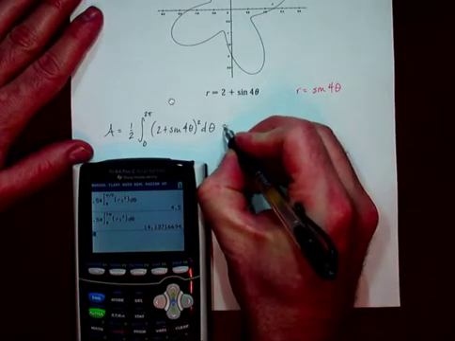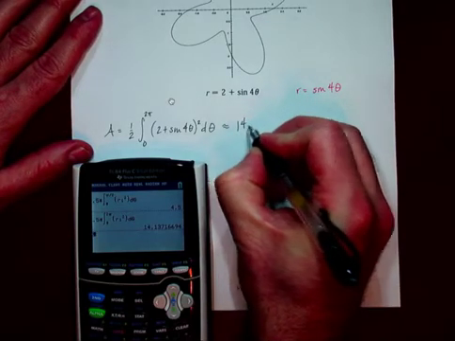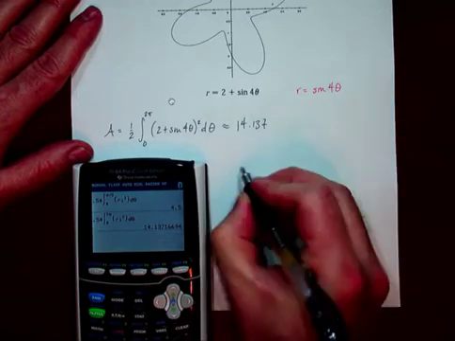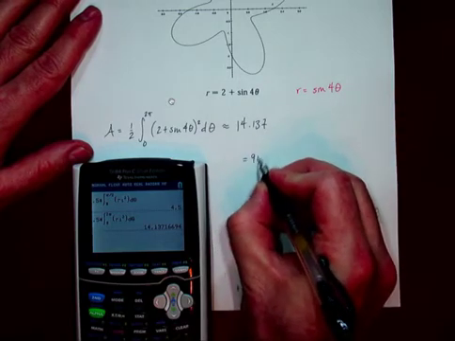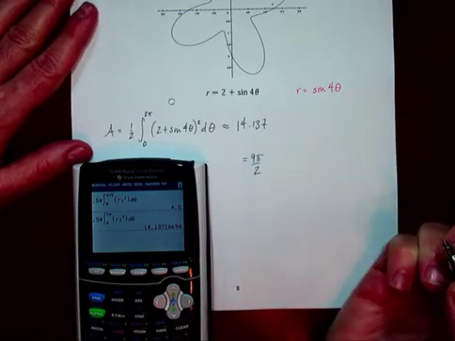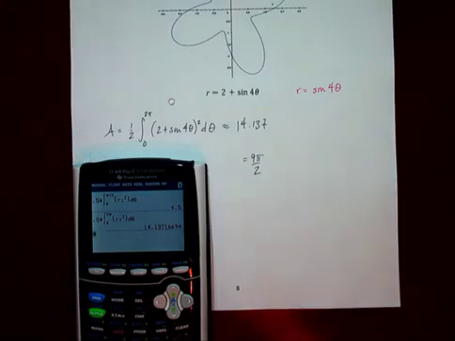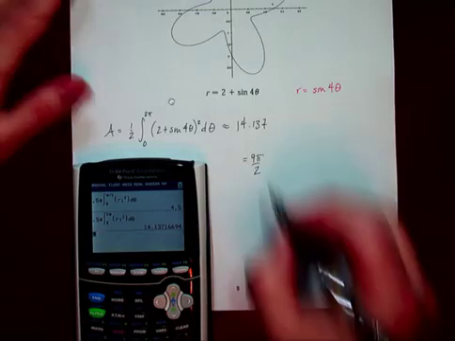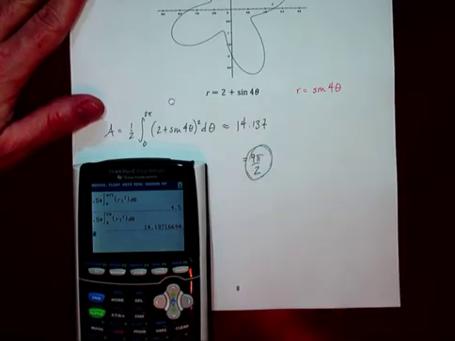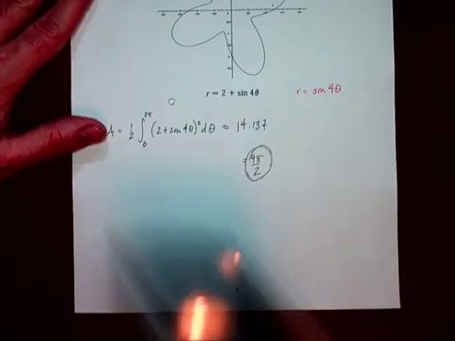And if you wanted to do it by hand, what you would wind up getting is 9 pi over 2 at the very end, after changing the form of the integrand and integrating and evaluating using the fundamental theorem of calculus and all that sort of fun stuff. You would get 9 pi over 2, which, by the way, is 14.137 approximately.